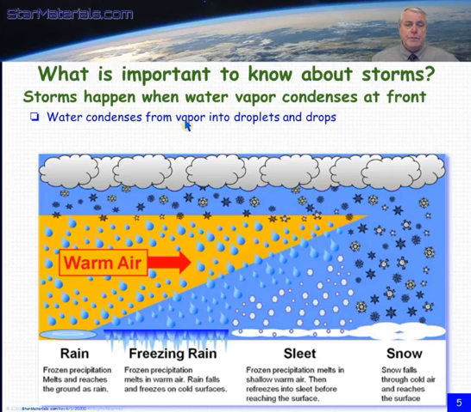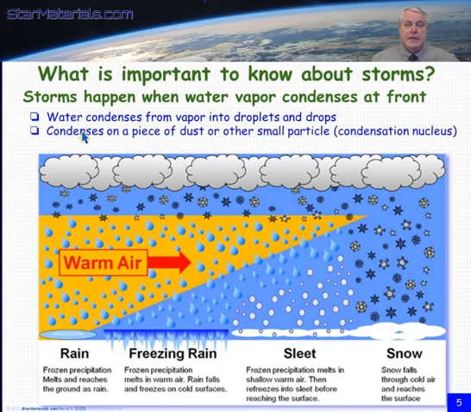So water vapor, which is invisible, condenses. In other words, it goes from a gas to a liquid into droplets and drops. They condense on something called a piece of dust or a small particle called a condensation nucleus.